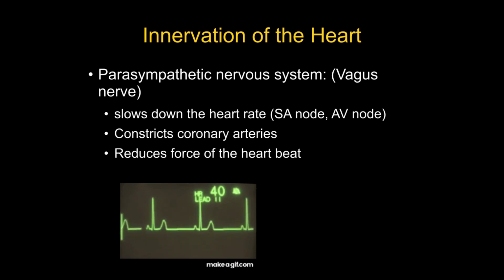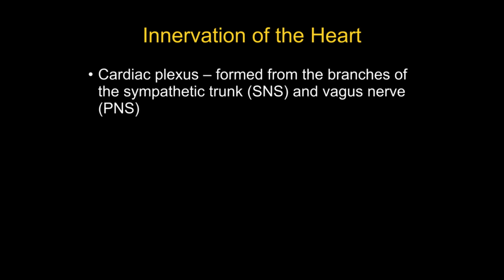At the same time, it lessens the force of the work of the heart by diminishing the blood flow. It constricts, so it makes the diameter of the coronary arteries smaller, so that there's less blood flow, and effectively reducing the force of the heartbeat.